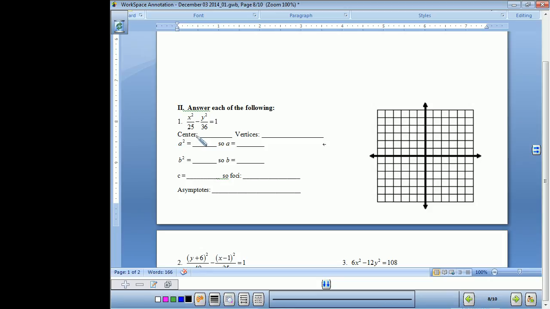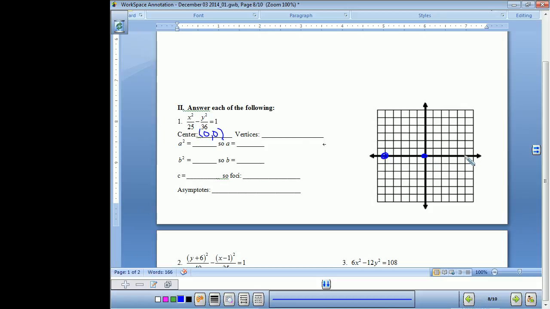Okay, the center. The center is where? 0, 0. 0, 0, it certainly is. So I'm going to go over here and put the center right here at 0, 0. Now, is this one going to open up and down or left and right? Left and right. And so my vertices are going to be left and right. How far? 5.